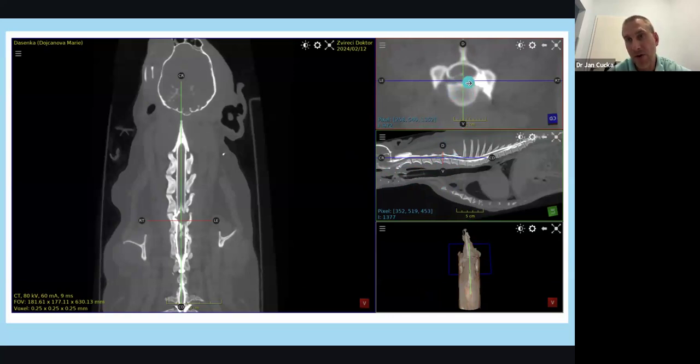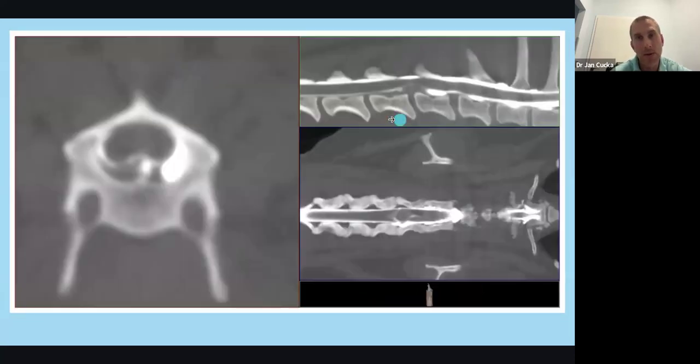There is a ventral compression on this transverse scan. Now we can see it in more detail. You can see there is a not big, but very gentle narrowing of the intervertebral space, but you can see how big the narrowing of the spine is here.